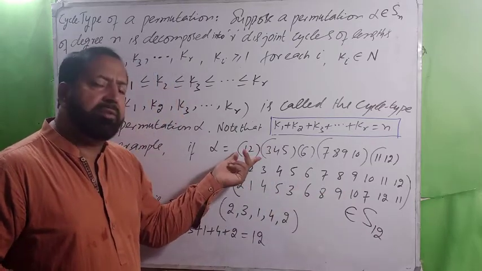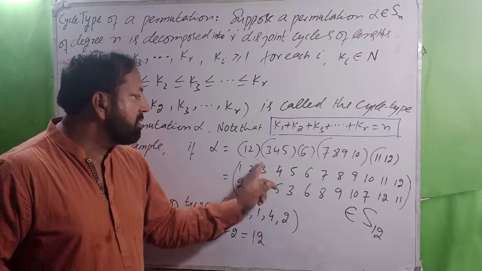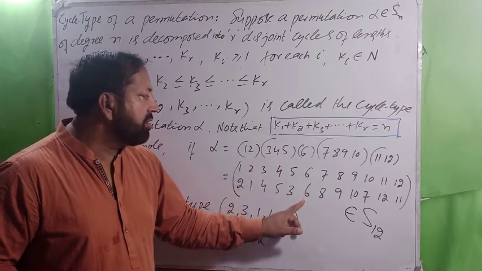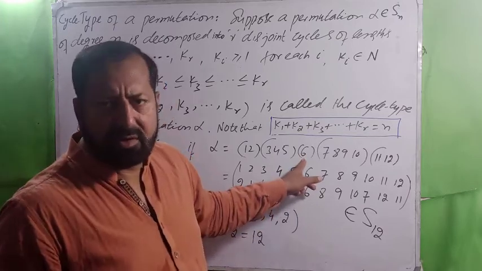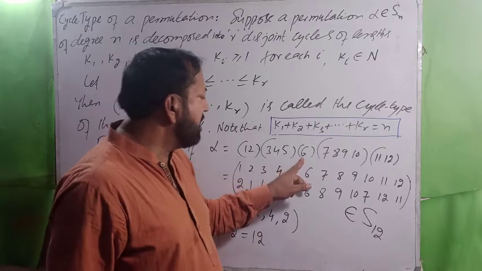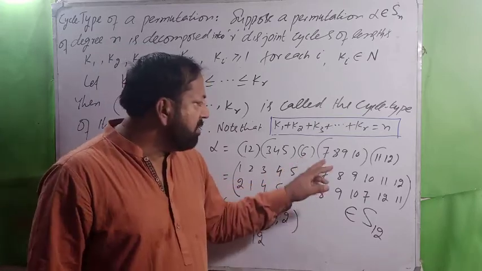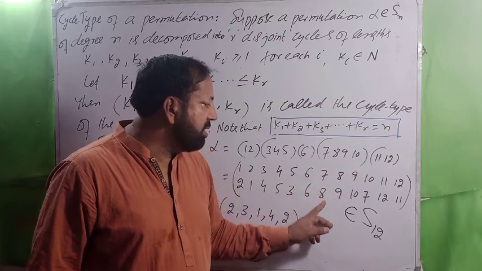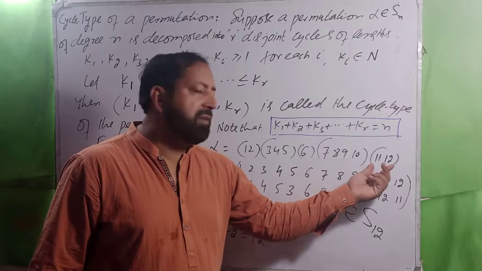It's a cycle of length 2. Then 3 to 4, 4 to 5, 5 to 3. The cycle of length 3. Then 6, 6 is a fixed element or point. You also call this a point. Okay, not a cycle, it's a point. A cycle of length 1 is called a point. Then 7 to 8, 8 to 9, 9 to 10, 10 to 7 is a cycle of length 4, and then a cycle of length 2.